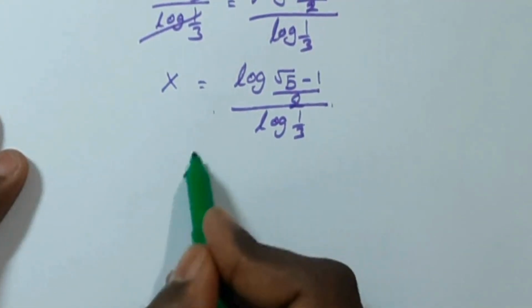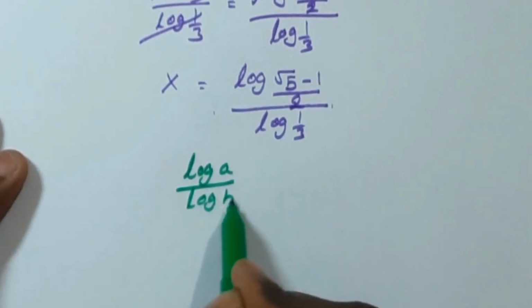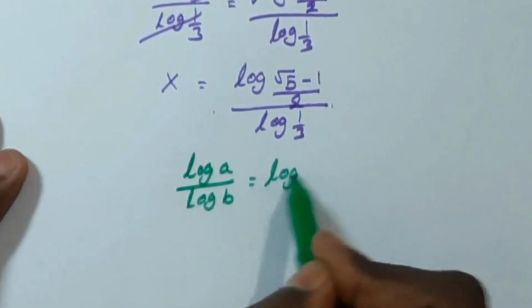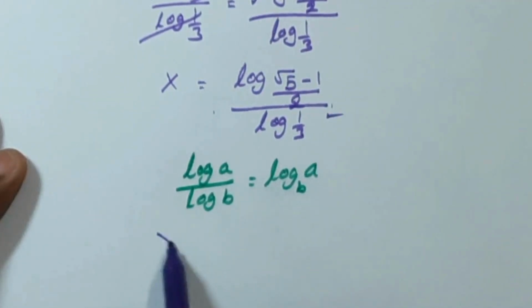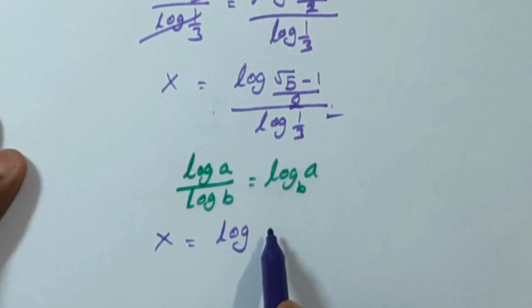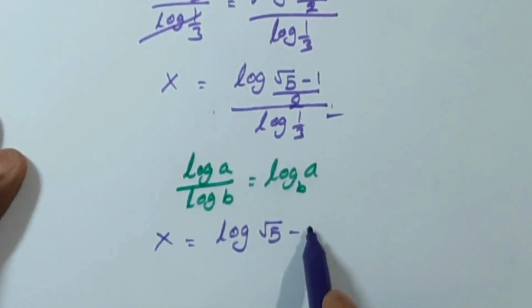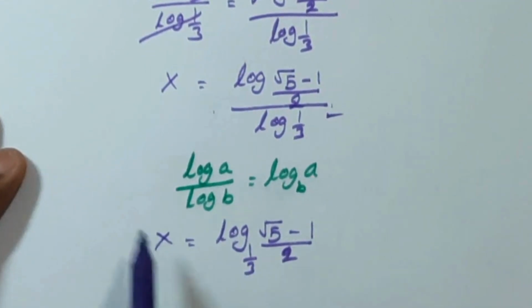Based on this log formula, log a by log b equal to log a base b, going to apply here. So x equal to log square root of 5 minus 1 by 2 in base 1 by 3. This is x.